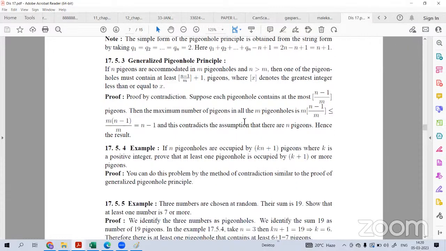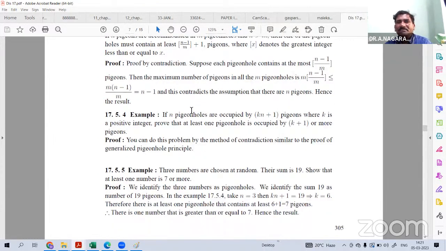Right. Now, the generalized pigeonhole principle. If n pigeons are accommodated into m pigeonholes and n is greater than m, then one of the pigeonholes must contain at least floor of (n minus 1) divided by m, plus 1 pigeons, where floor x is the greatest integer less than or equal to x. The proof is by contradiction. Suppose every pigeonhole contains at most floor of (n minus 1) by m pigeons.